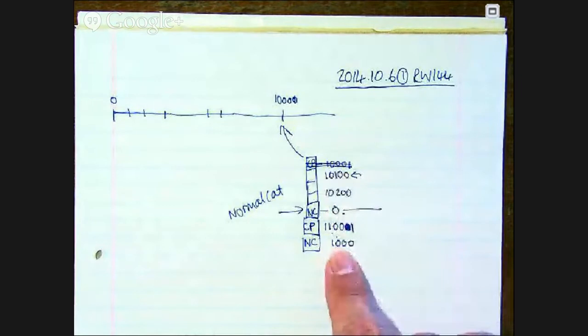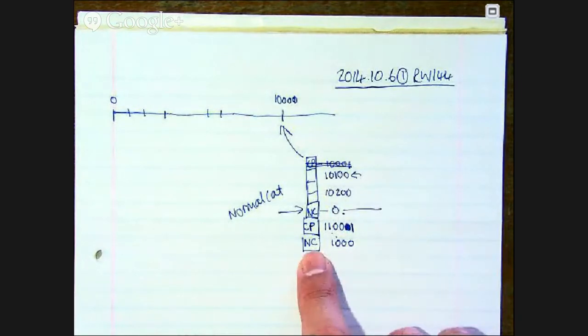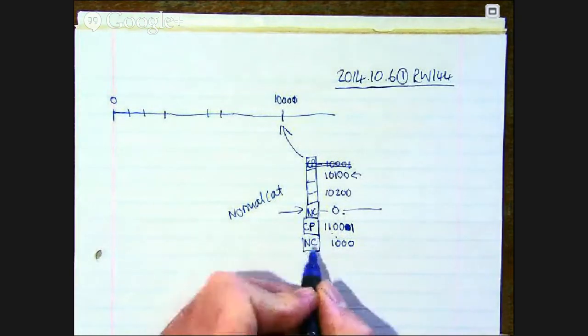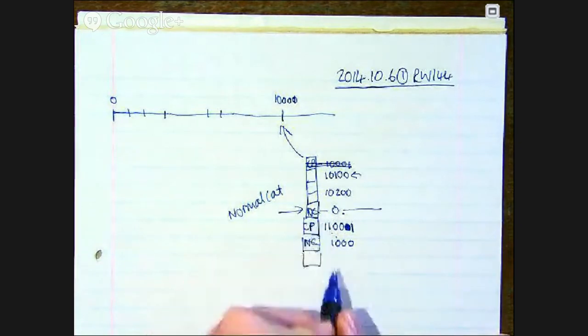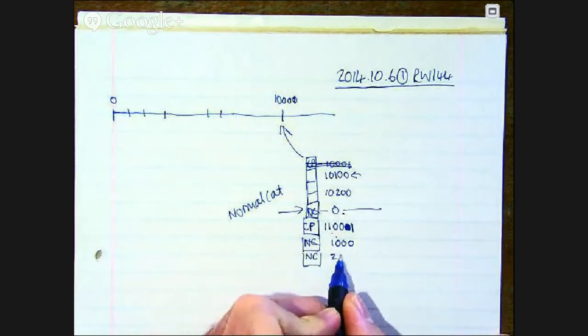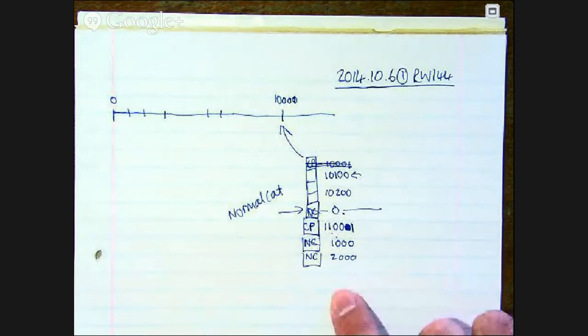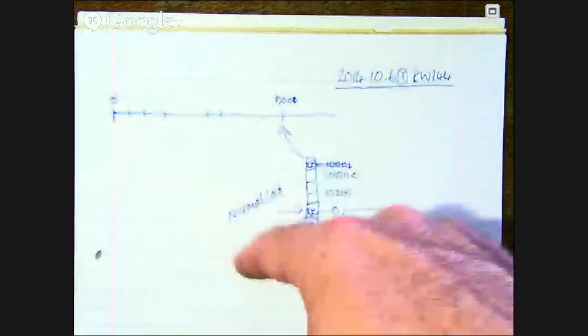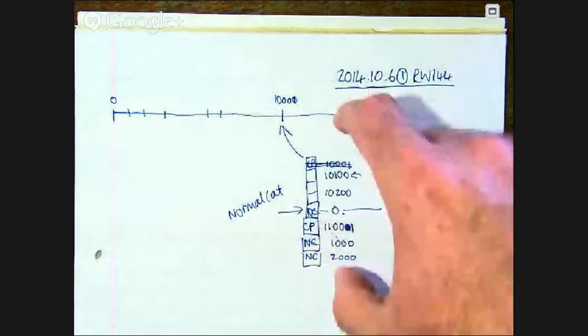And if game iterate looks at this heap, it will say, well, what's the earliest thing that must happen? Well, this normal cat must happen at time 1,000. So I'm going to remove this normal cat. It will execute and reschedule itself at time 2,000. And it's still the earliest. This normal cat will keep on executing. It will get priority until it catches up with the other items in the heap.